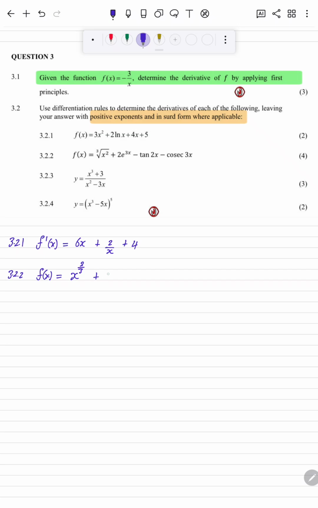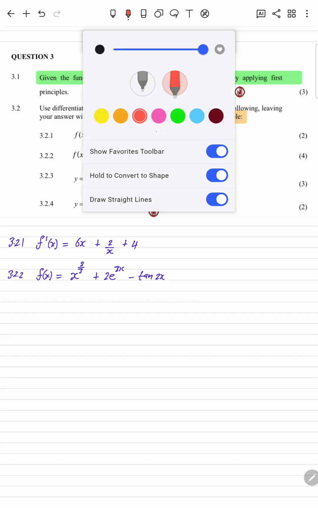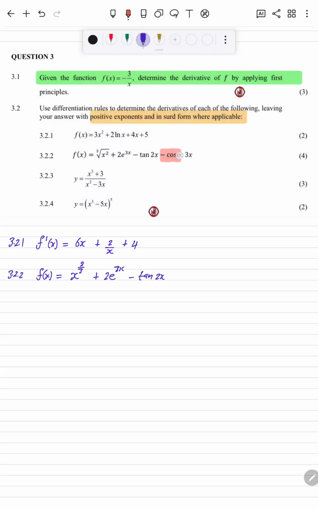Then the next term is fine, and the next term is also fine. But for your syllabus, you are no longer covering cosecant. So I'm going to ignore the cosecant. Or I can just do it for your fulfillment, but it's no longer covered in your syllabus.